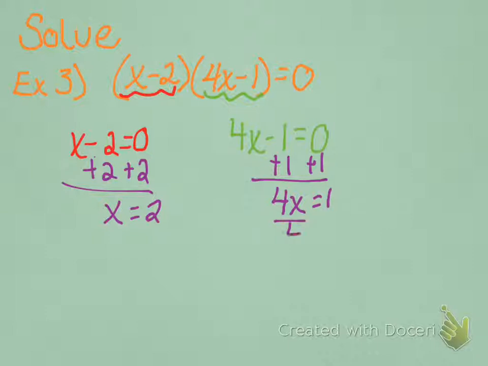Then you're going to divide by 4. So you have x equals 1/4. Then the way you're going to write your answer is you're going to use brackets and go smallest to biggest. So you have 1/4 and 2.